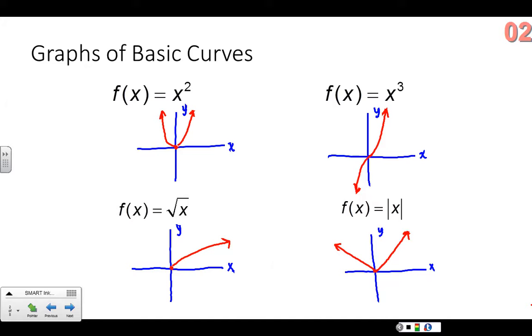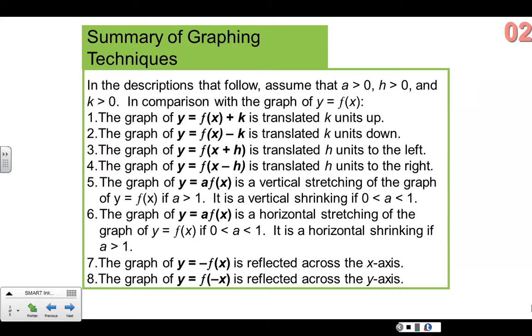Now, if I mathematically add or subtract numbers or multiply numbers to these functions, it changes the shapes in different ways. Let's look at a summary of what will happen. In the descriptions that follow, assume that a is a number greater than 0, h is a number greater than 0, and that k is greater than 0 in comparison with the graph of y equals f of x.